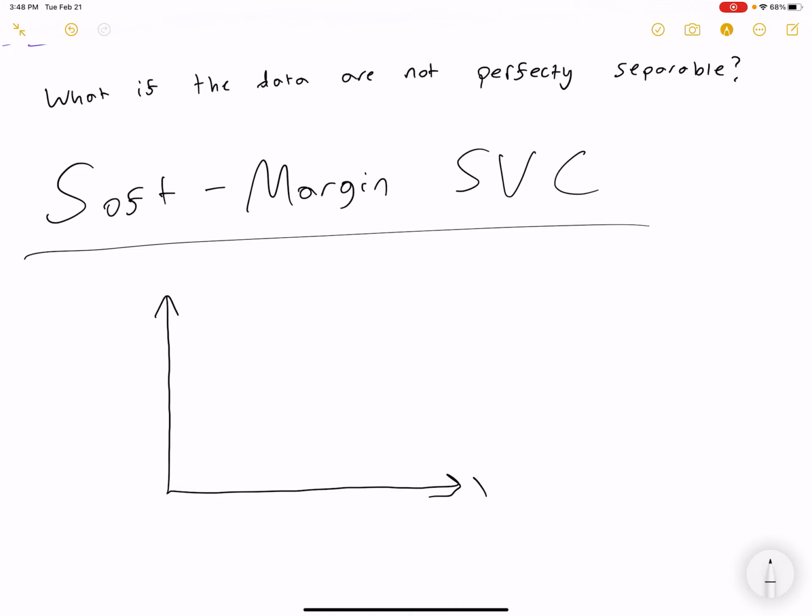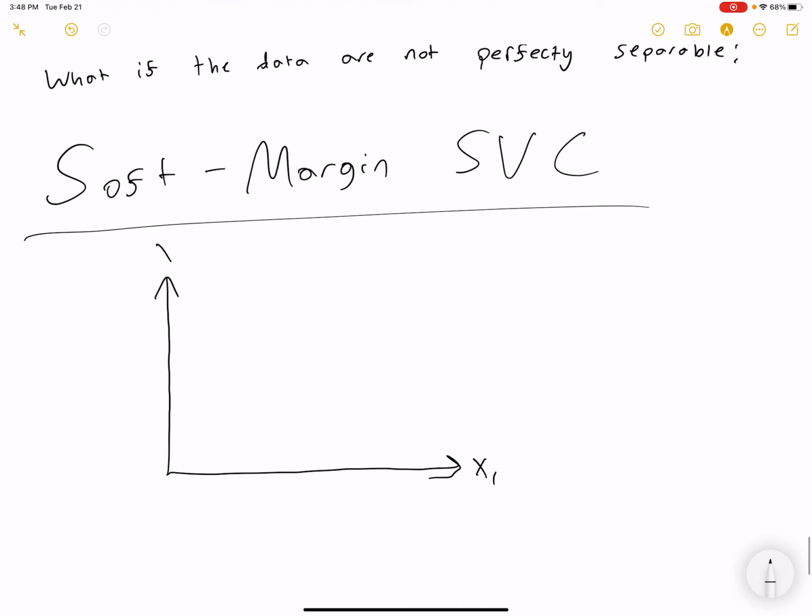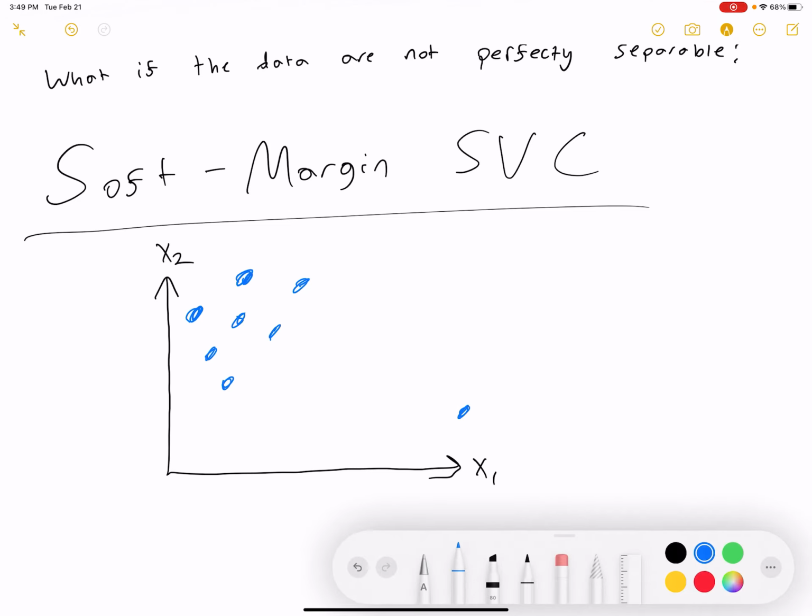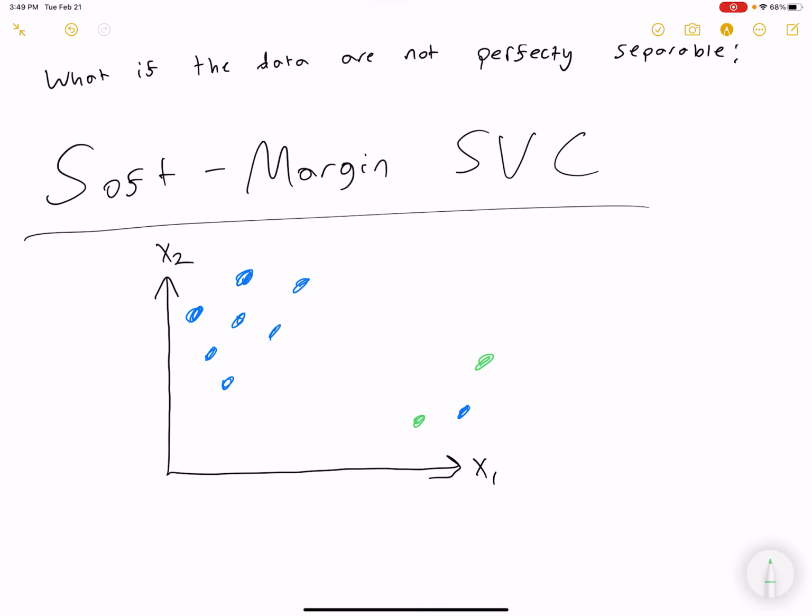So for example, we have our data drawn in 2 axes, and it's going to be mostly linearly separable, but it might be really barely not linearly separable.